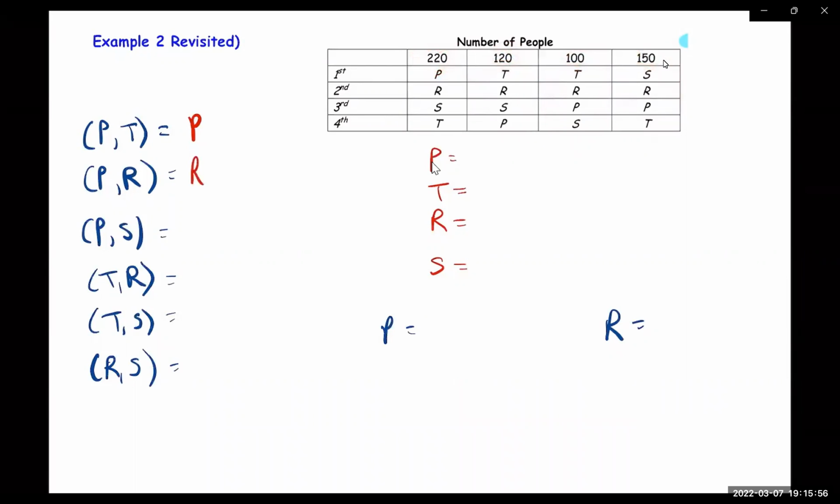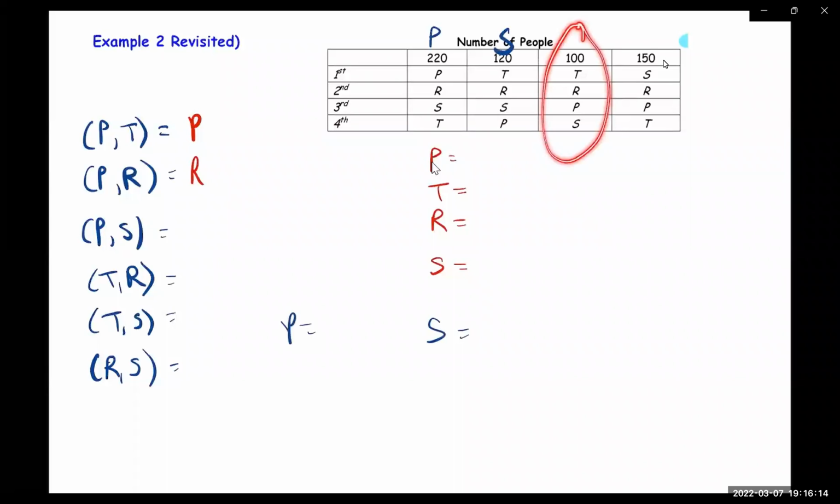All right, for the next one, we're looking at P versus S. So who wins that one? P, right? This one, S. Overall, I'm saying, not what you're doing.